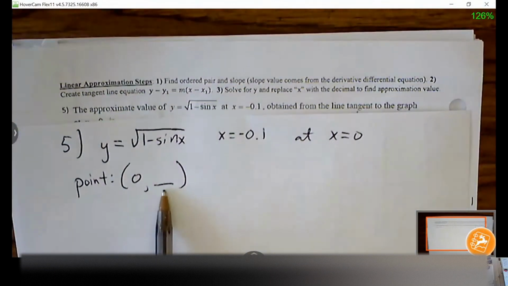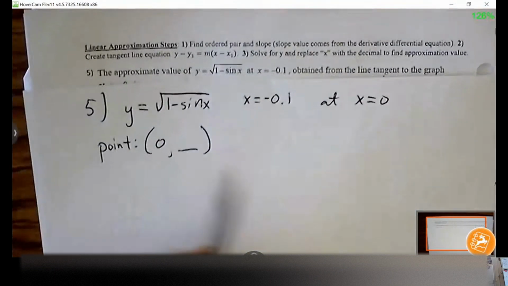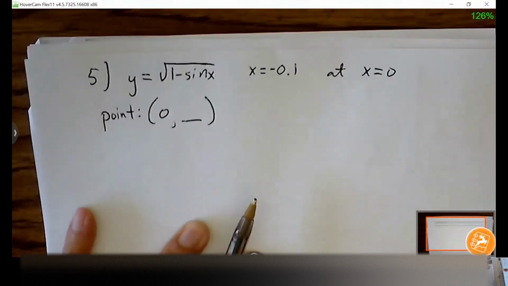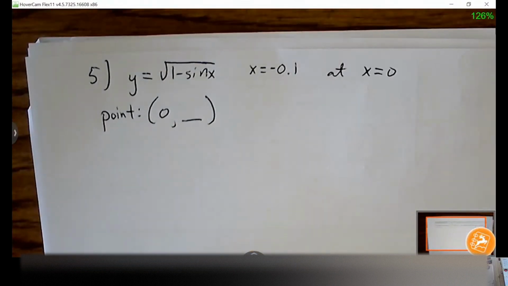Okay, so how can I find my ordered pair? What do you guys think? Yep, just plug it in. So 0 in for x in sine of x.